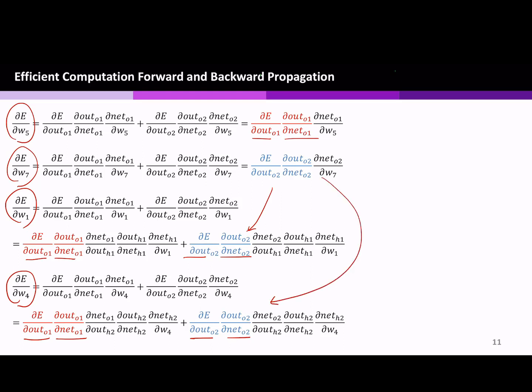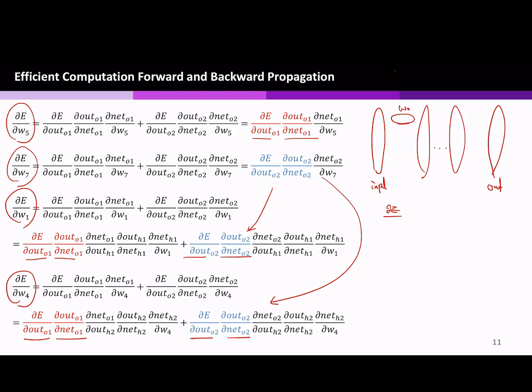Meaning that, let's say here's the input layer, hidden layer, and output layer. If you compute this partial E with respect to some parameter here, we reuse some value already computed in the top layer for computing this partial derivative value in the lower layer.